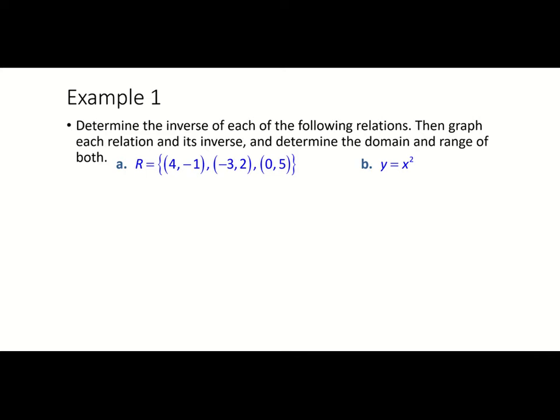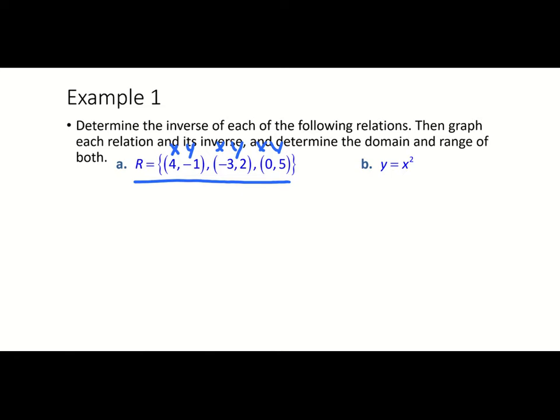Okay, so here we're going to look at our first relation, and then we're going to determine the inverse of the relation. So for A, our relation is a set of ordered pairs. And remember, for the inverse, you simply swap the x and the y values.